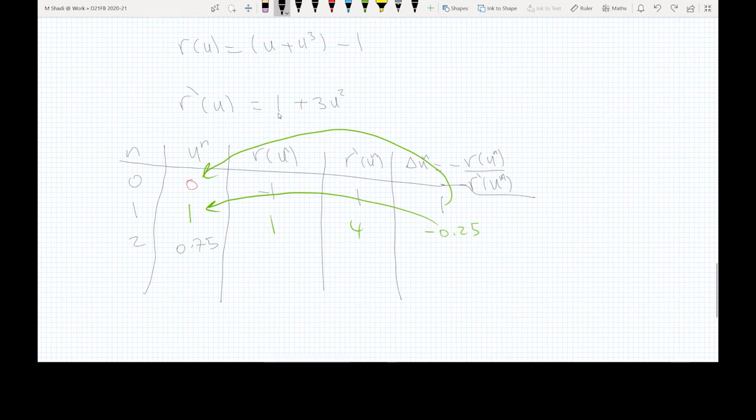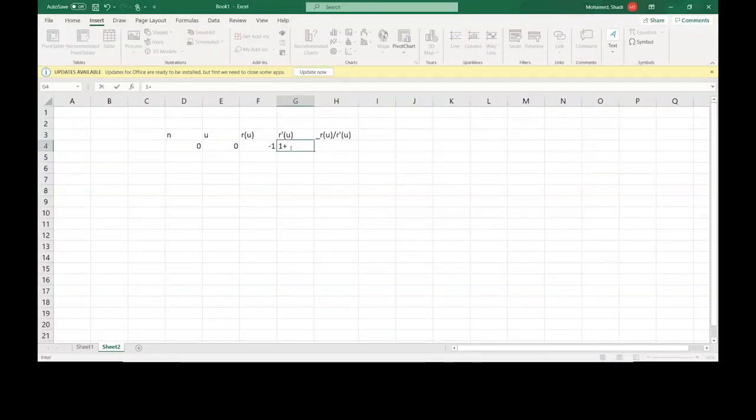And then the derivative is 1 added to 3 u squared, and then this minus 1 multiplied by this and divided by this.